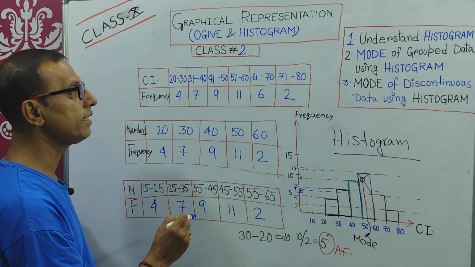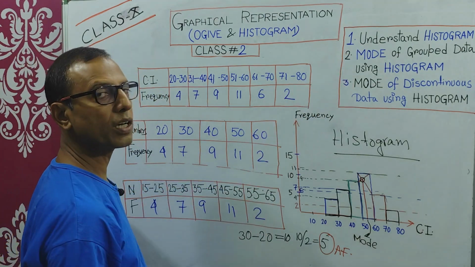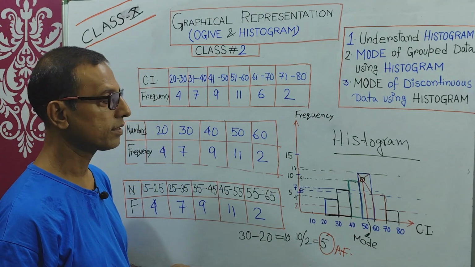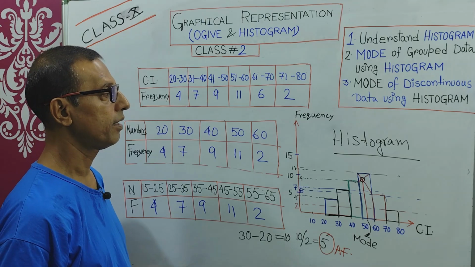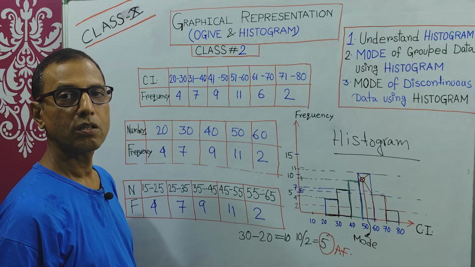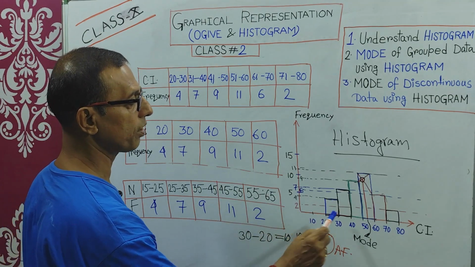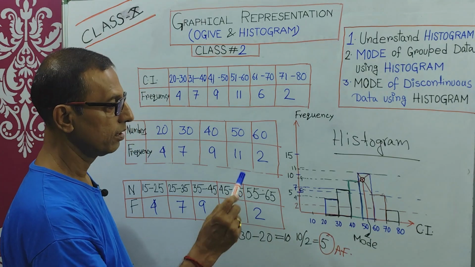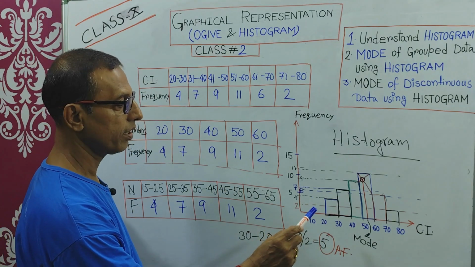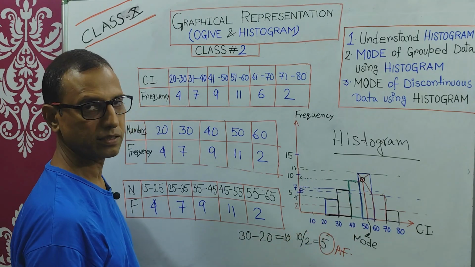So these are the three things I was supposed to explain today. What is a histogram? A histogram is the graphical representation of group data for a continuous data set. If it is continuous, then you can straight away plot the class interval and the frequency, and you can draw a diagram like this.